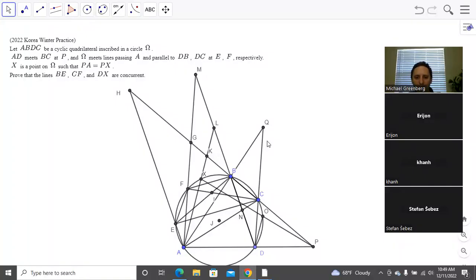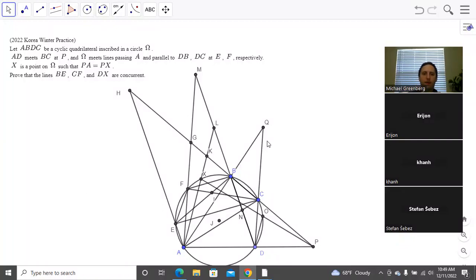When you do a little algebra, it's like this. And the last equation is true due to an inversion at P, which swaps B and C, X and O.